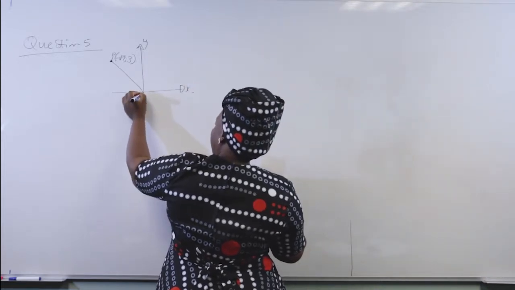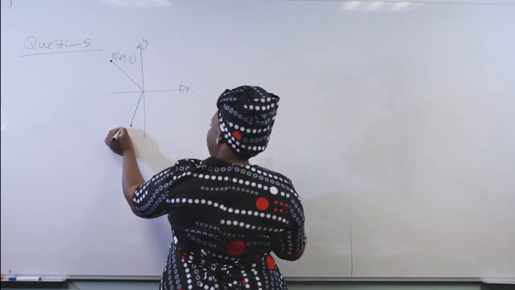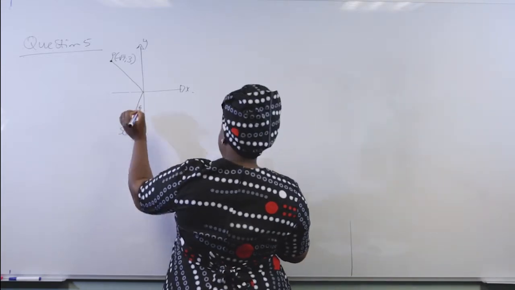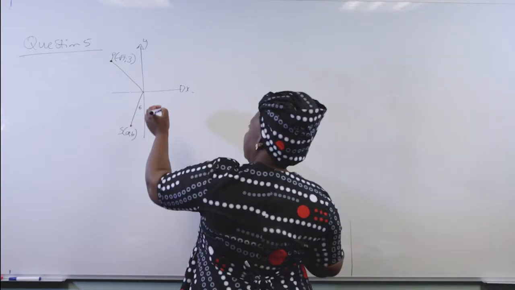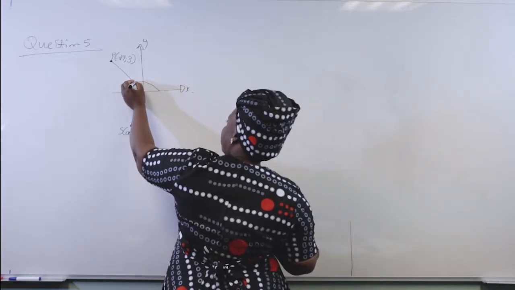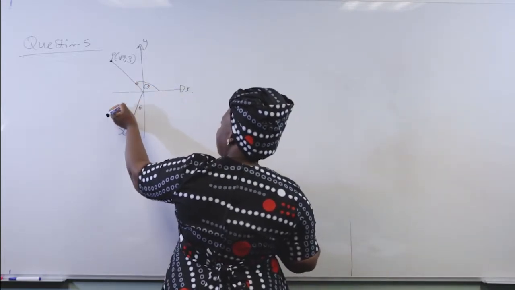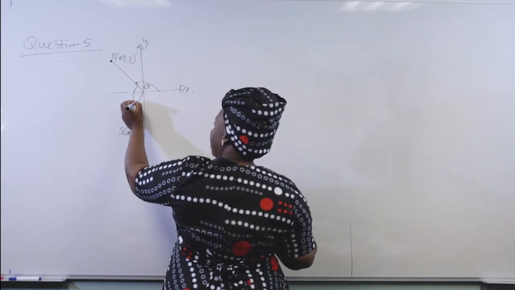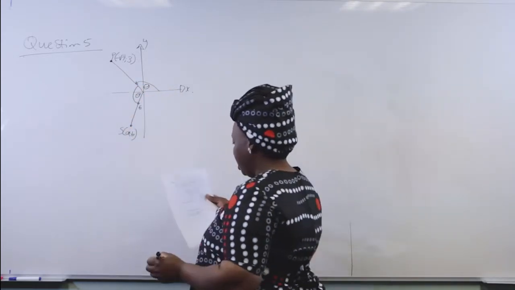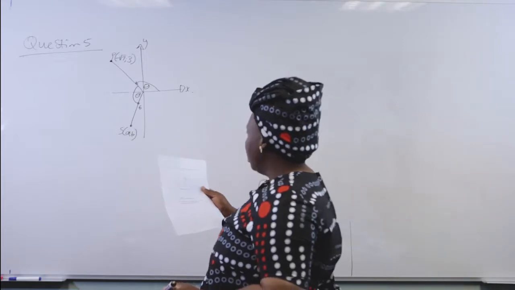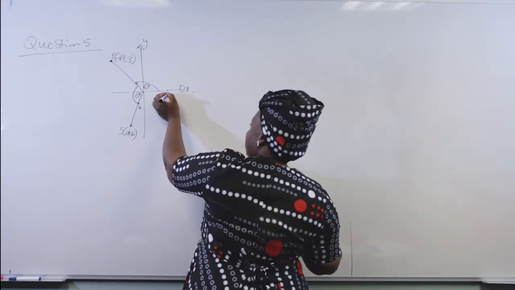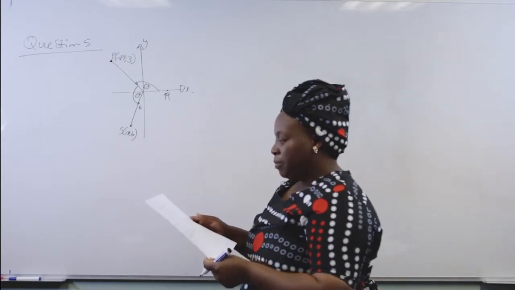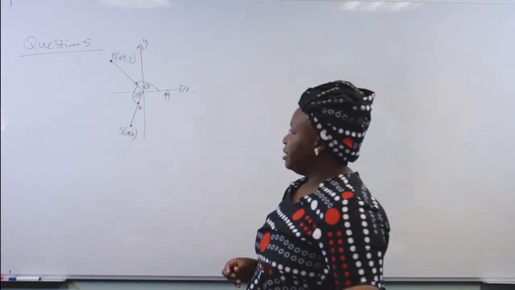This is where your other point is, which is S with A and B. Remember, we're given that this is 6, and then the angle that is moving from there to there is theta, while we are told that also the angle between there to there is another theta. Okay, they say they are equal, so that's what we are having, and there's a point R given to us.